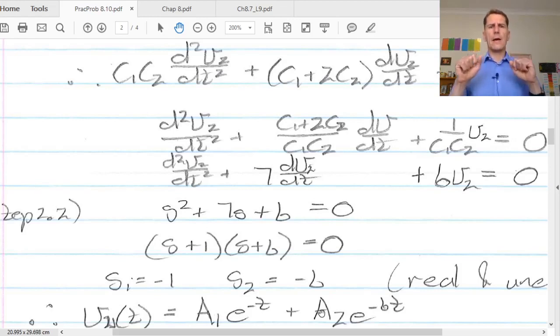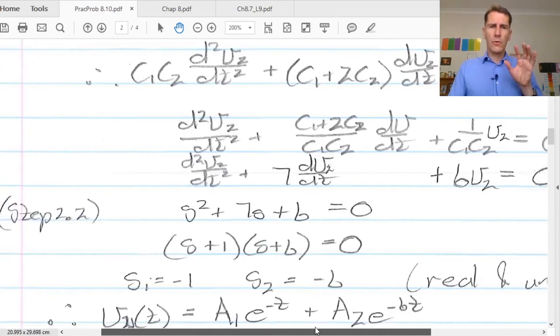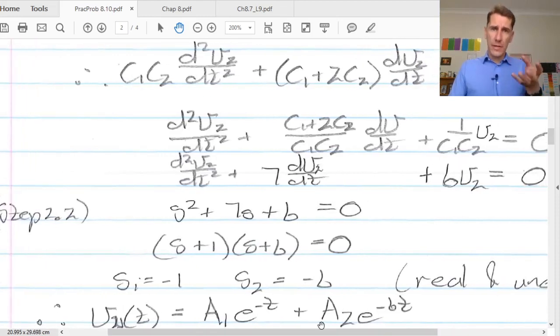And then are they equal or not? If they are equal, then it's going to be a critically damped scenario. And if they are not equal, if they are uneven, it means we've got an overdamped response. So both of them are real, uneven and negative, so we're going to have an overdamped response.